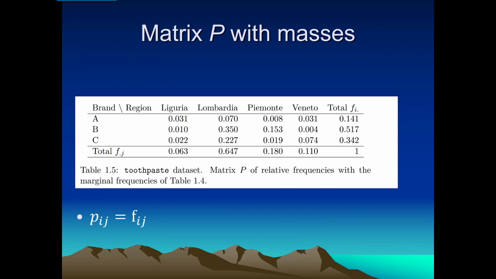Here you have this matrix P, where the sum of all the entries is 1, together with the vector of row masses, the importance of each row. The sum of these elements is 1, of course. And here are the column masses. The sum of this row is 1. So this is vector r, and this is vector c prime, the transpose of the column masses.